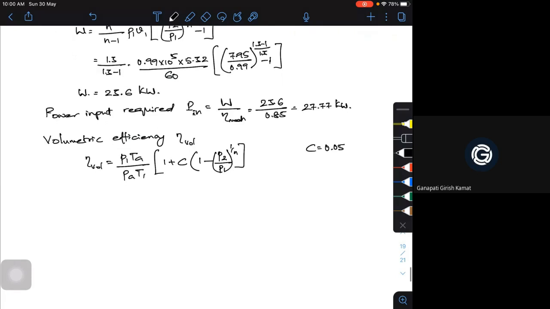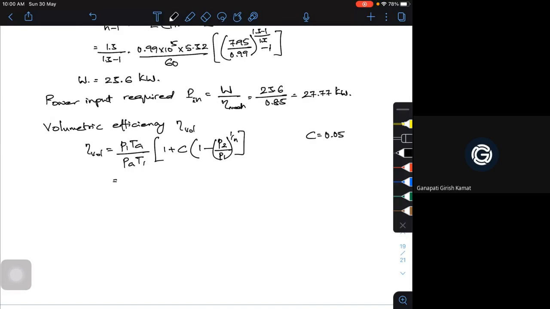Now let us substitute each and every value. P1 is 0.99, TA is 300 Kelvin, atmospheric pressure is 1.02, T1 is 310, into 1 plus 0.05 into 1 minus 7.95 divided by 0.99 whole to the power of 1 by 1.3.